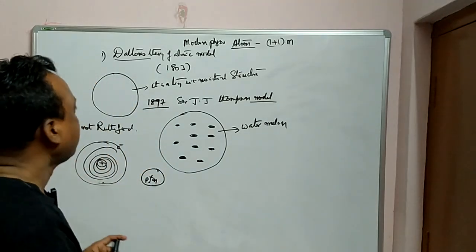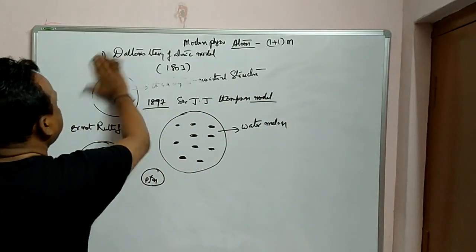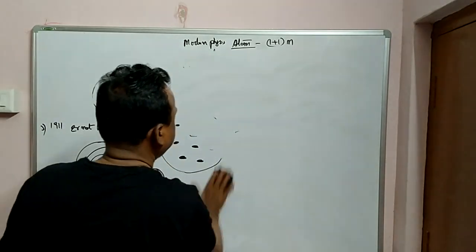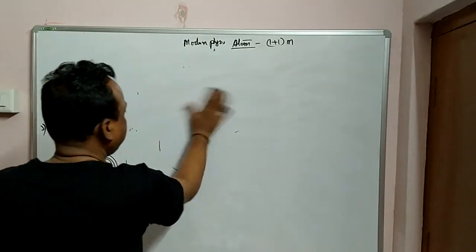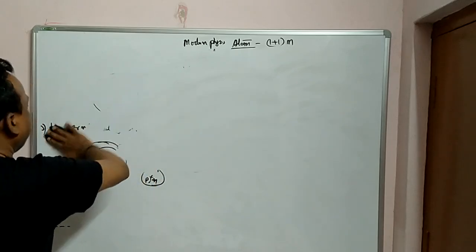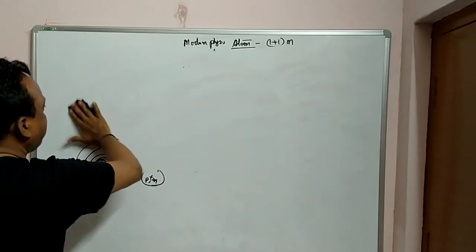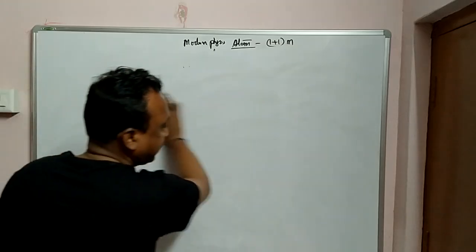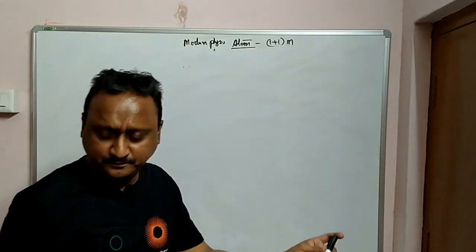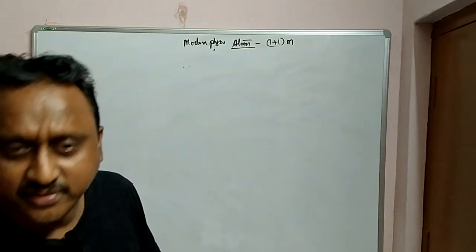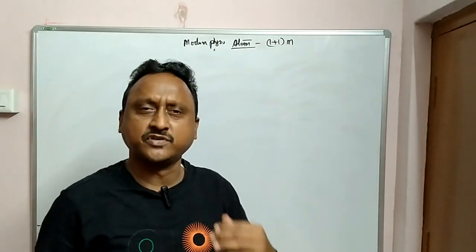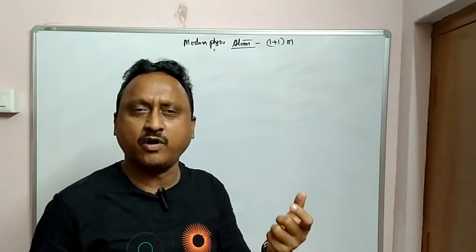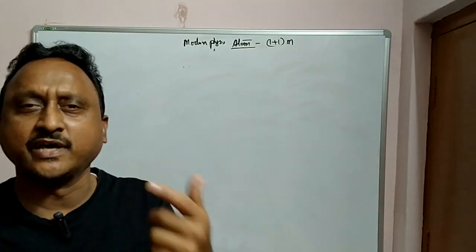Later on, a scientist named Professor Niels Bohr. That is called Bohr's model of atom, please. Clear? So Dalton has given only the basic thing, that it is a tiny particle, no internal structure inside it. According to Sir J.J. Thomson, Sir Joseph John Thomson in 1897, the atom is like a watermelon, and the seeds inside the watermelon are related to the electrons.